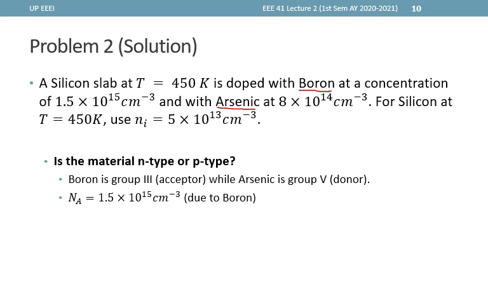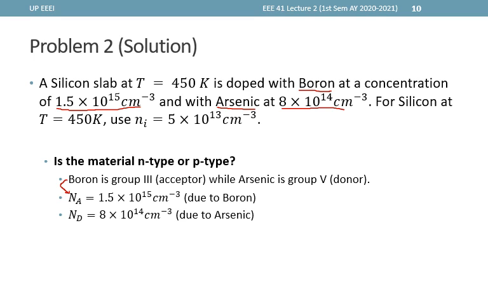Looking at their values, since boron is the acceptor, Na is equal to 1.5 times 10 to the 15 per cubic centimeter, while for arsenic, the donor, Nd must be equal to 8 times 10 to the 14.